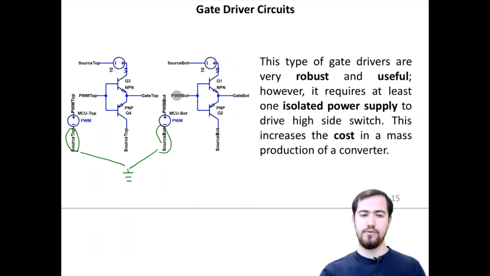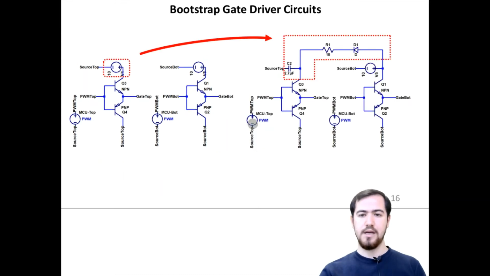Otherwise, this type of gate driver circuit costs a lot if we consider mass production of a converter. So what we are going to do is change the gate driver power supply of the high side switch with a bootstrap circuit. Now we do not need to connect another power supply here, because the current is supplied by the low side gate driver power source.